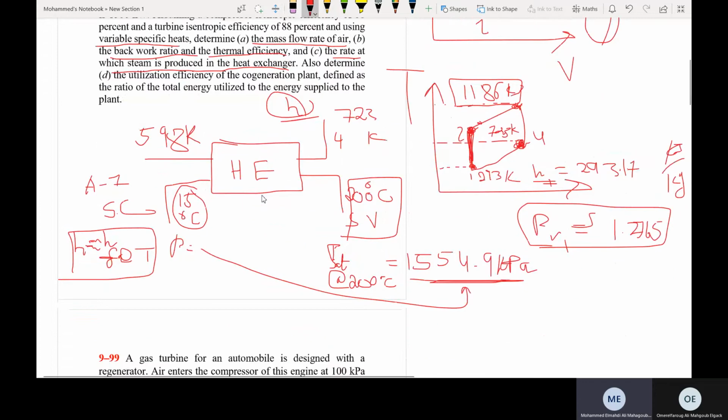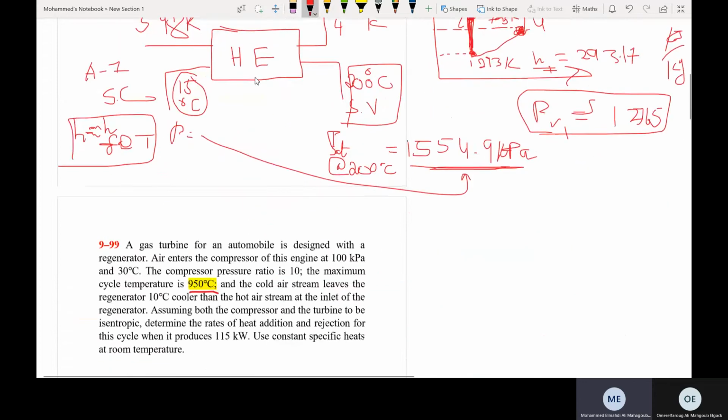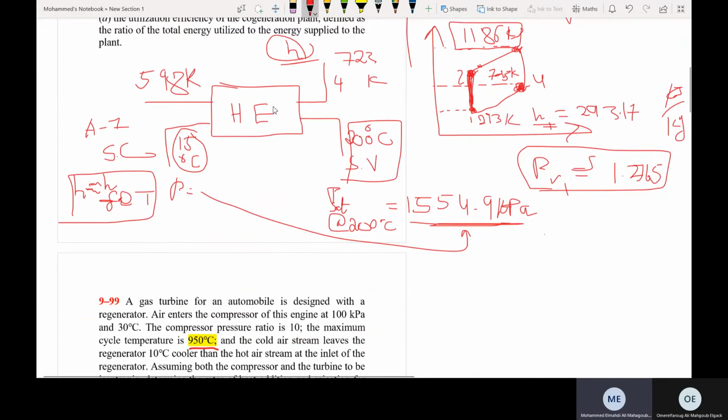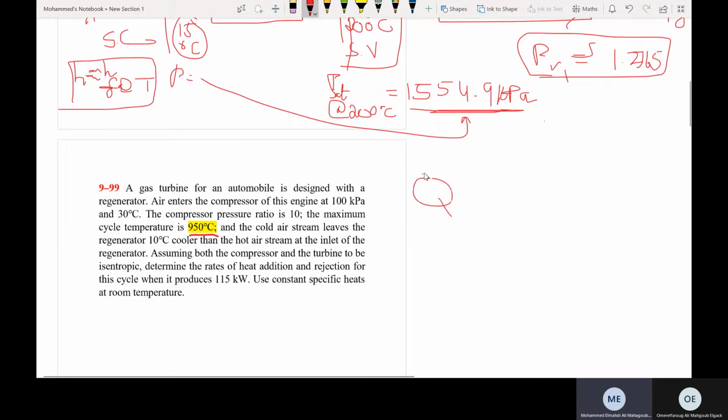Remember, use the principle for heat exchanger, because this heat exchanger is 100% efficient. So the heat that's going to be rejected from the air stream is going to be fully received by the water stream. So Q dot out from the air is going to be equal to Q dot in for the water. And what's Q dot out from the air?